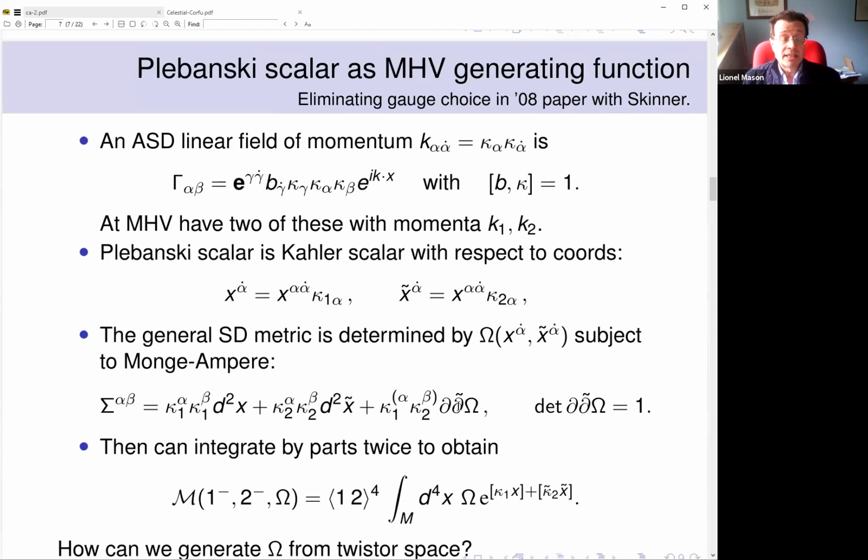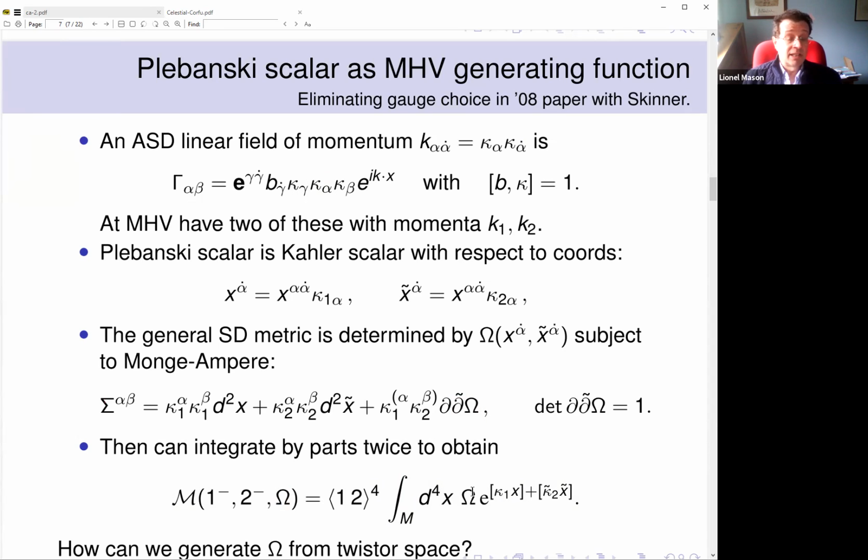Okay, anyway, just to get to the main prize of this slide is this formula here. This is meant to be a generating function for the MHV amplitude. So you have the two minus particles that are explicit linearized fields with these momenta here for gamma 1 and gamma 2. And then all the self-dual plus particles are encoded in the omega, and that's this Plebanski scalar.